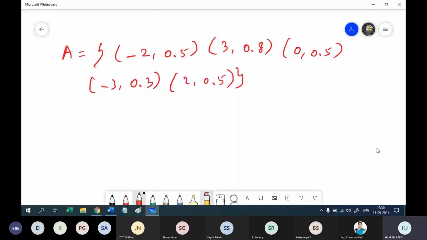So the membership value should be greater than 0.5. So we are taking this one, 0.8 only. Okay, so the answer for A strong alpha 0.5 is 3 only.